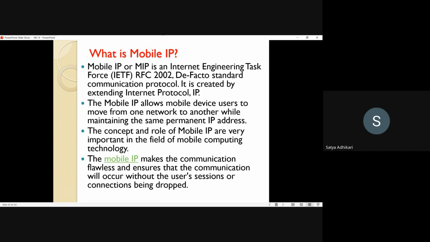Mobile IP makes the communication flawless and ensures that the communication will occur without the user session being dropped. You will continue your communication. So this is the overall work of mobile IP.